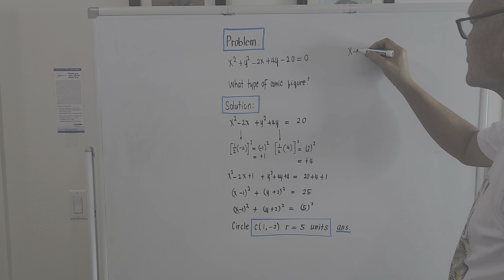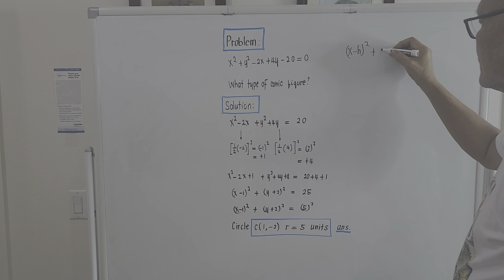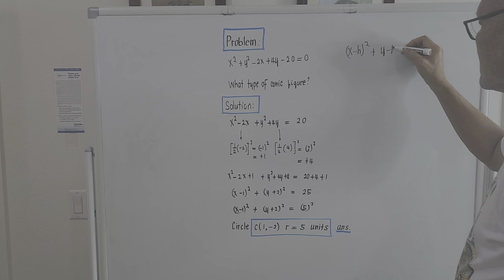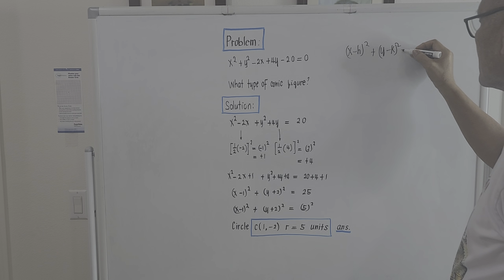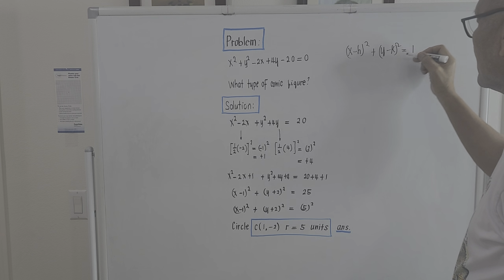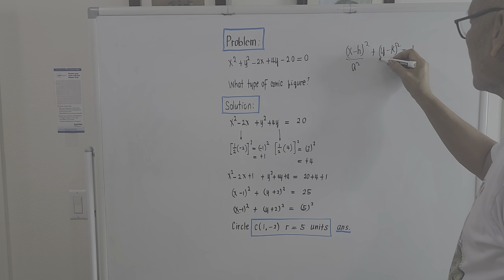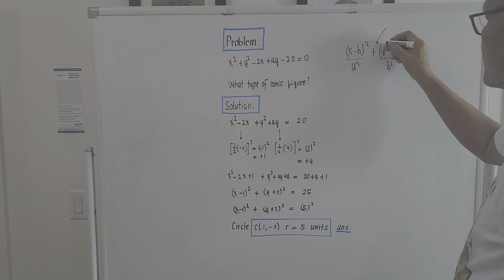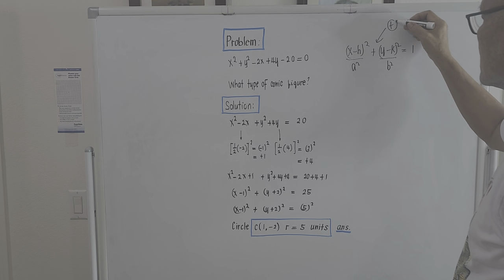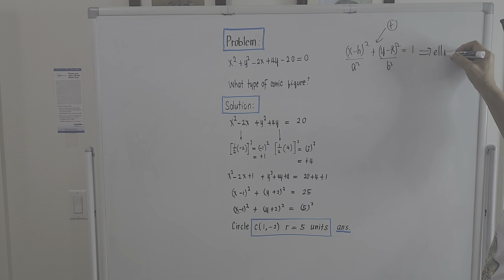We got the equation (x minus h) quantity squared plus (y minus k) quantity squared, and this should be equal to 1, with an a squared here and a b squared here. If the operation here is plus, this should fall under ellipse.